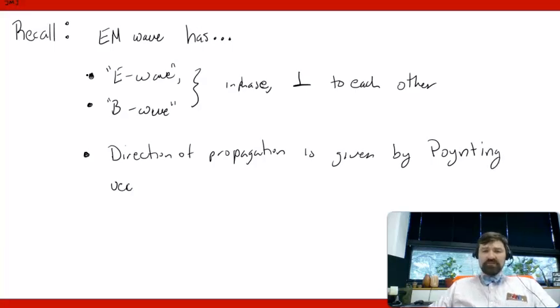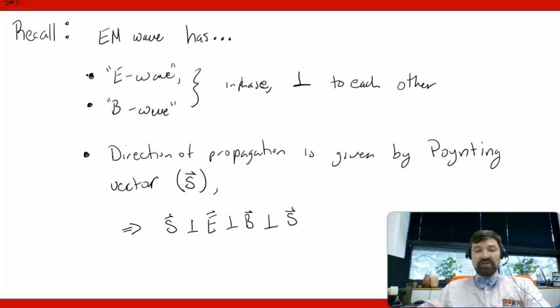And that Poynting vector involves taking the cross product of E and B. So if the Poynting vector S is given by the cross product of E and B, we can write that S is perpendicular to E, E is perpendicular to B, and B is also perpendicular to S. So we can make a complete loop of all this.